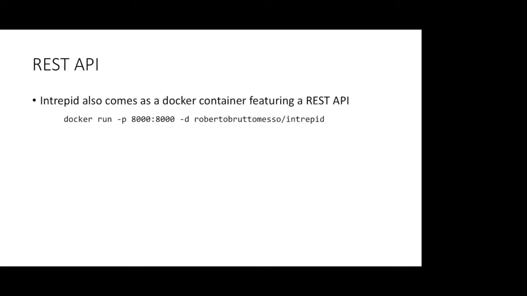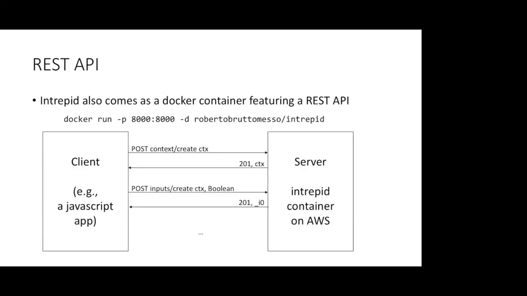So if you run the line that is now on the screen, you will be able to run locally a server, and this server exposes a REST API. So essentially, you can, by means of the classical post, get, put, and other commands, use the API of Intrepid as if it was the Python API.